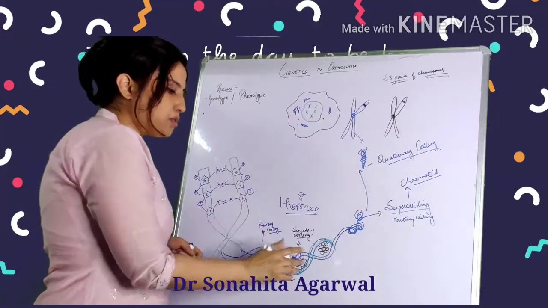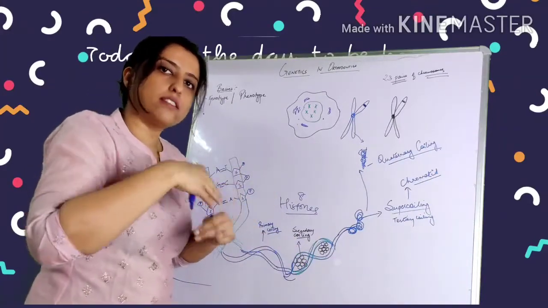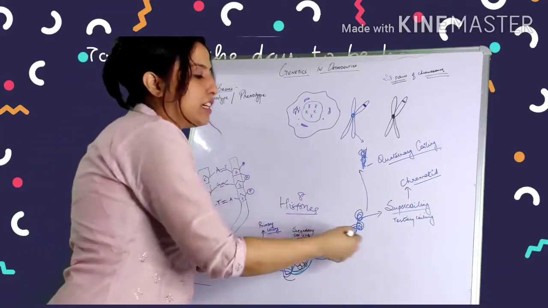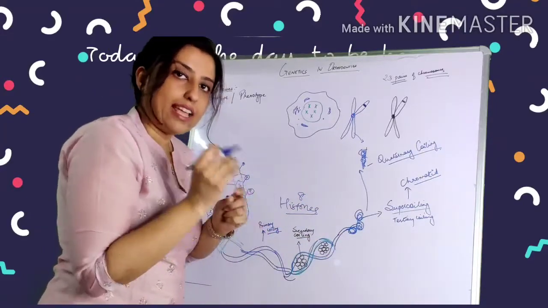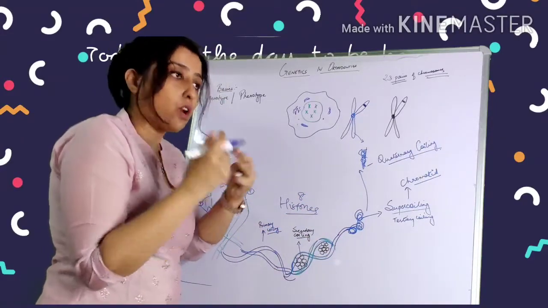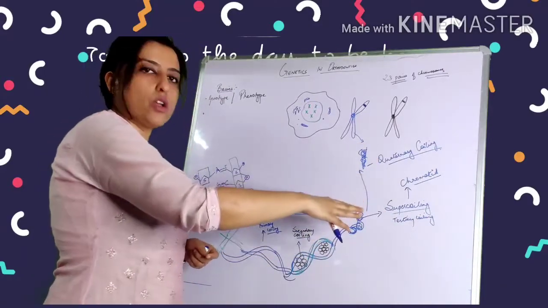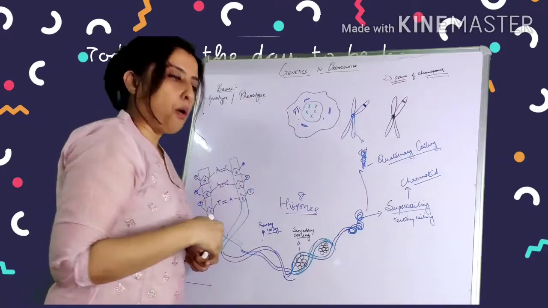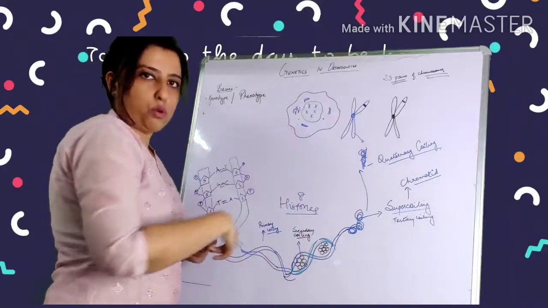These nucleosomes, then the strands wrap around the nucleosomes. That is called the secondary coiling. So it is getting more and more coiled. The third coiling is when it again gets super coiled. The DNA gets super coiled around itself, around the proteins, around the histones. That is the tertiary coiling, where you have the legs, the chromatids that are formed. And when you have the quaternary coiling, then the whole chromosome is formed.